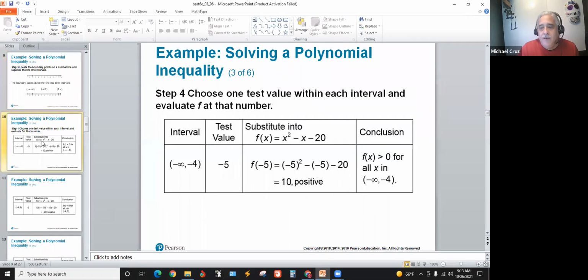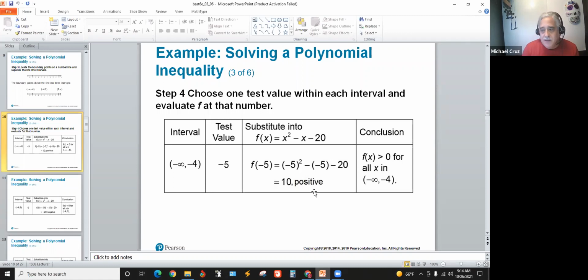So negative 5 is the obvious one to check, or the closest one to check. So we just put it into the original x squared minus x minus 20. So negative 5 squared is 25, plus 5 gives us 30, and 30 minus 20 is 10.